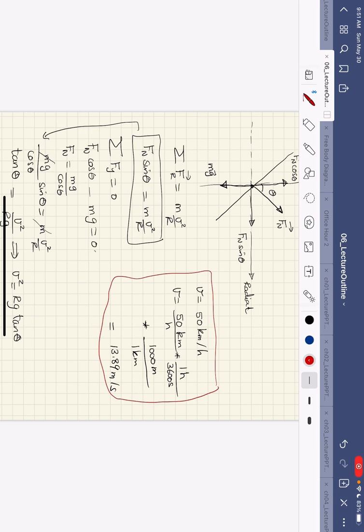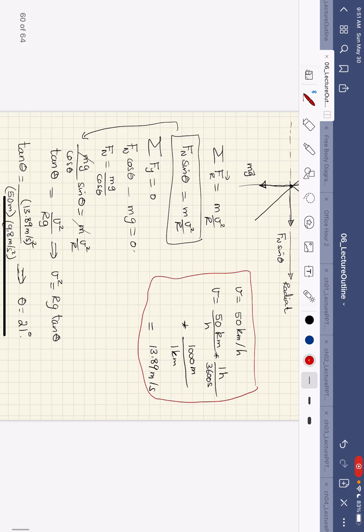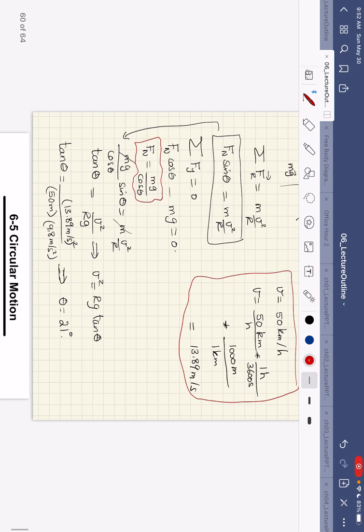I need the normal force, and this is the reason why I will also say sigma Fy equals 0. Then I got the normal force to be Fn equals mg over cosine theta, and I solved the two equations together and found that v squared equals rg times tan theta. From that you can calculate the angle, and it was 21 degrees.